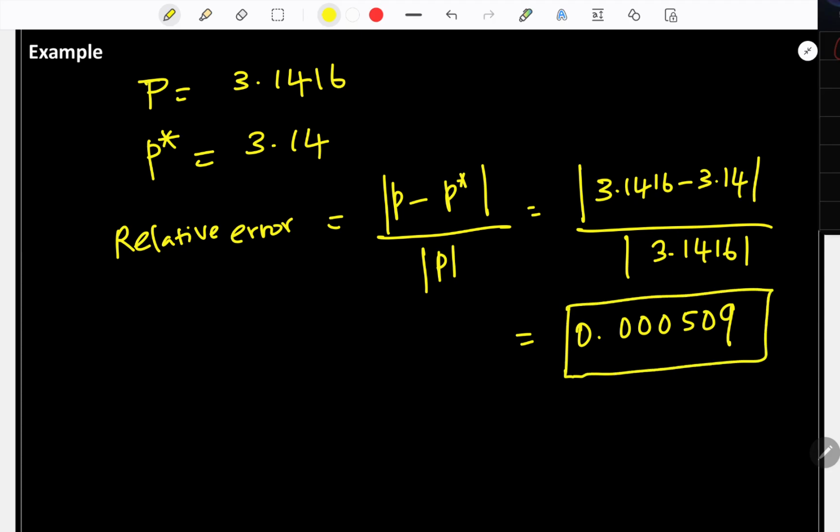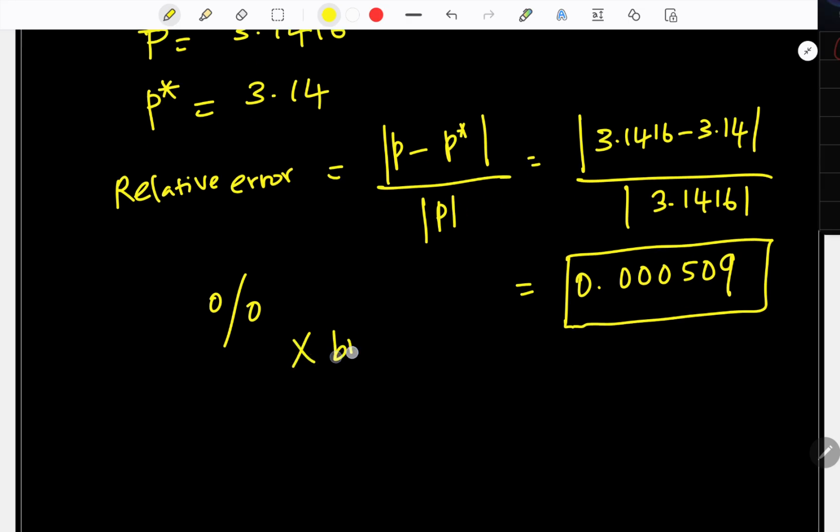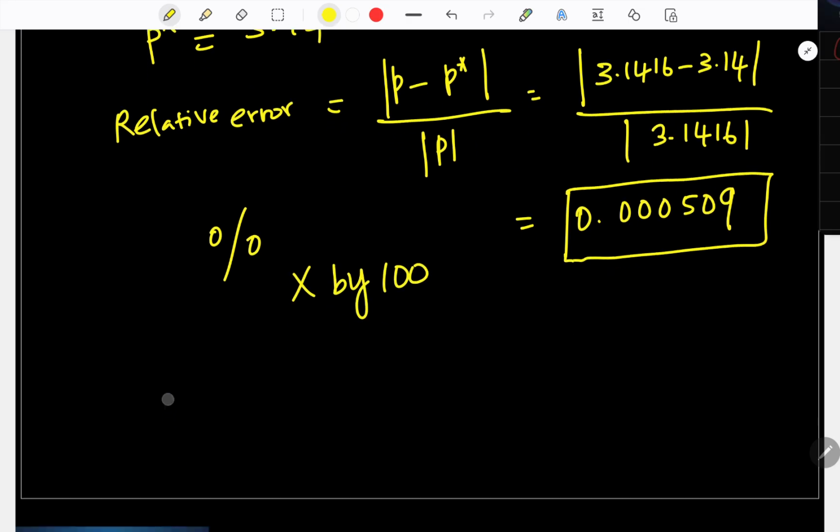Usually relative error, they give it in percentage. This is the usual practice. Teacher, why should we write it that way? It's just such a kind of practice. So always try to write relative error in percentage. To get a percentage, you have to multiply by 100. So 0.000509 multiplied by 100.